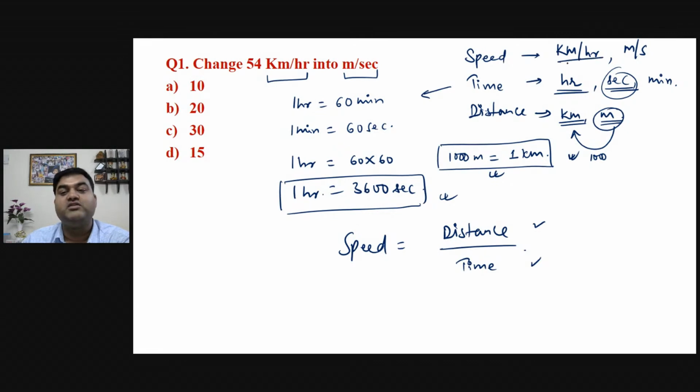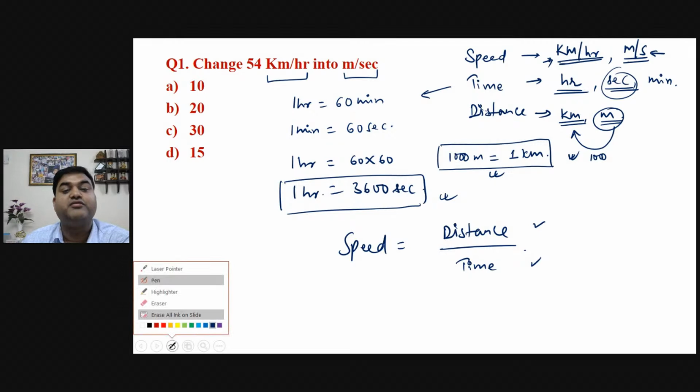These are two different units frequently used for speed. There can be multiple. You can also write meter per minute, kilometer per minute, but these two are standard units which are used for speed. Hope you understood all those.